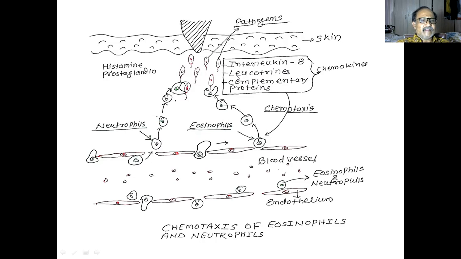The leukotrienes are secreted by the mast cells, and the complementary proteins are already present in the extracellular spaces. More than 30 types of complementary proteins are present there. Interleukin 8, leukotrienes, and complementary proteins drive the phagocytic neutrophil, eosinophil toward the site of injury where the pathogens are present.